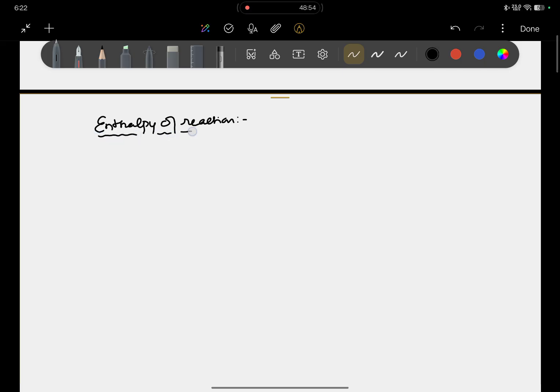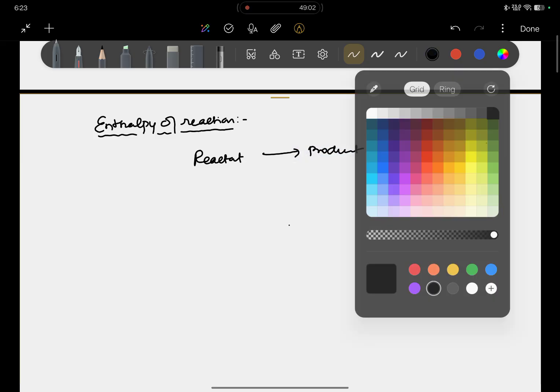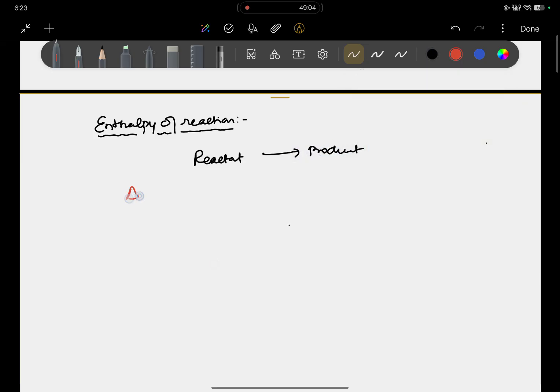When you say enthalpy of reaction, you should have a reactant which gives you a product. So you will write enthalpy of reaction is equal to summation of enthalpies of the products minus summation of enthalpies of the reactants.